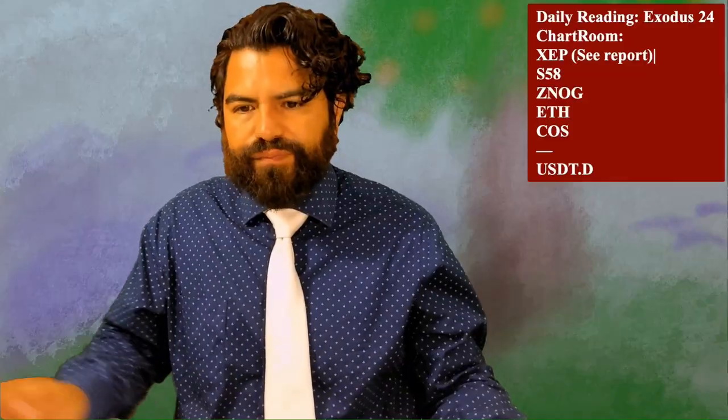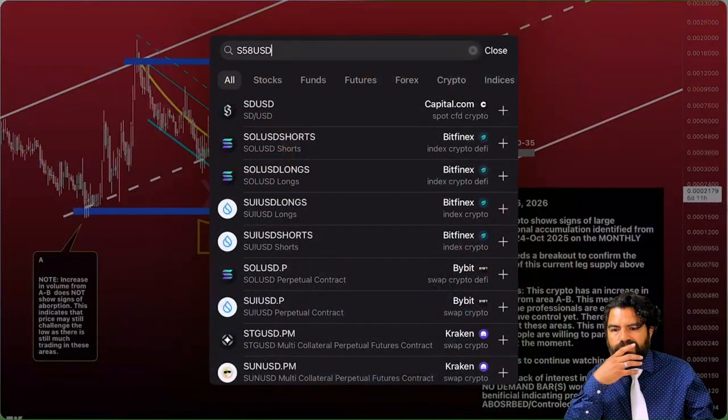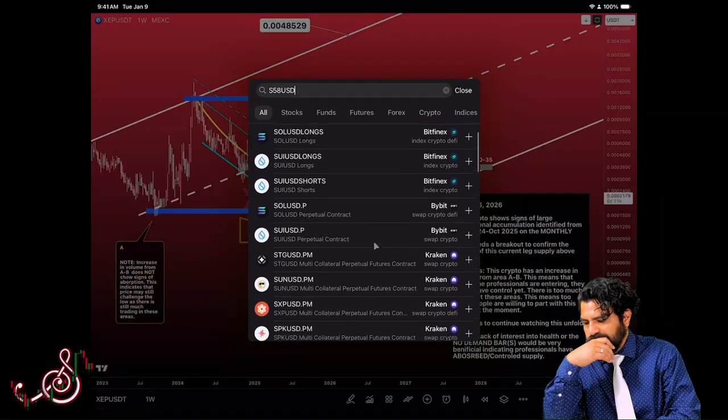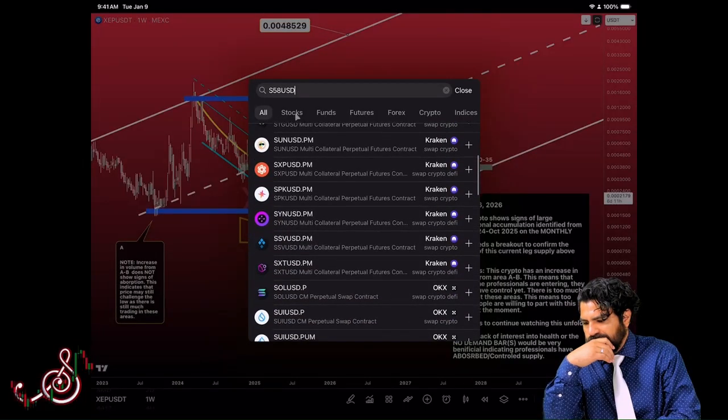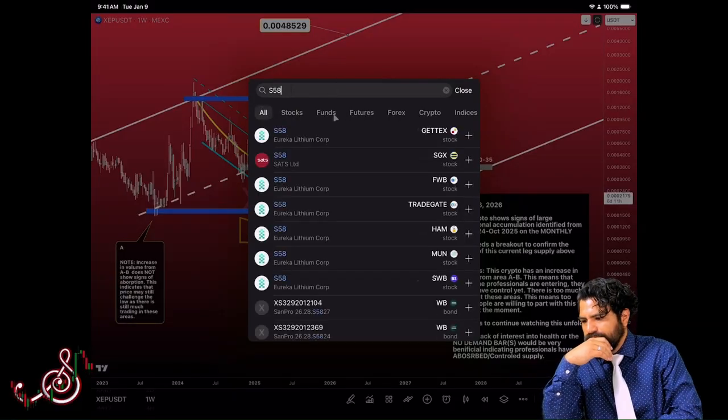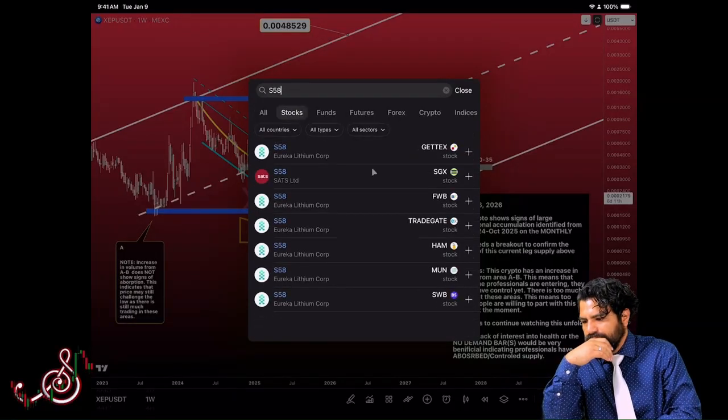Let's look at the next one, S58. Let's see what we got here. Is it a stock? Okay, there it is.